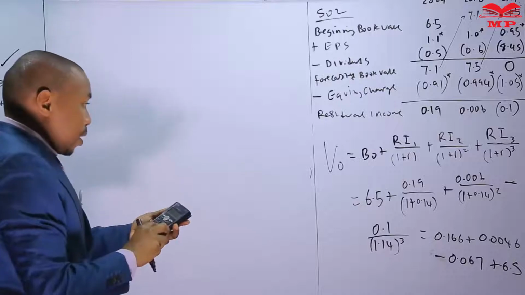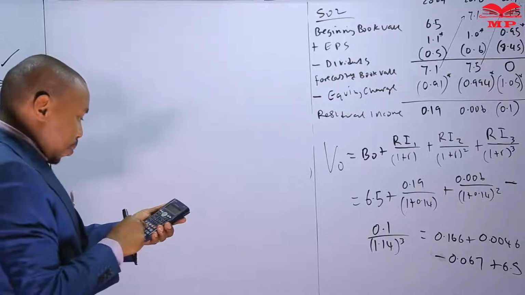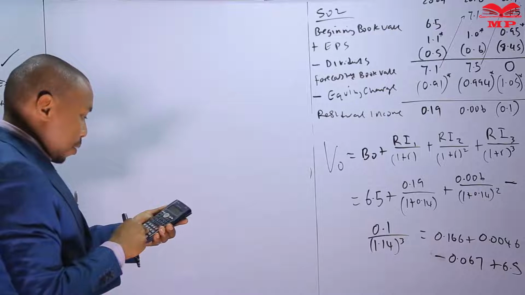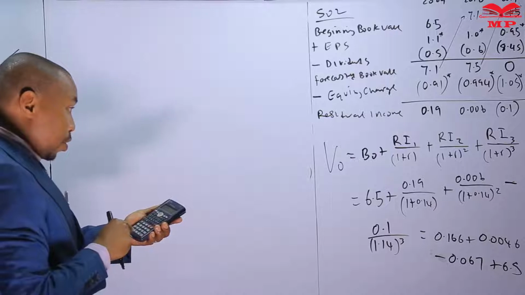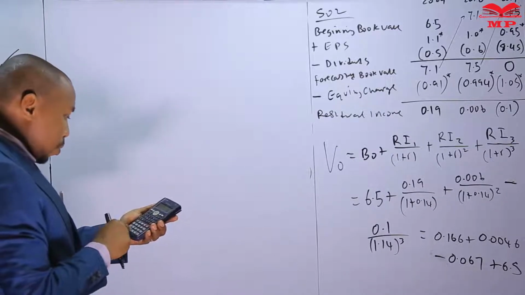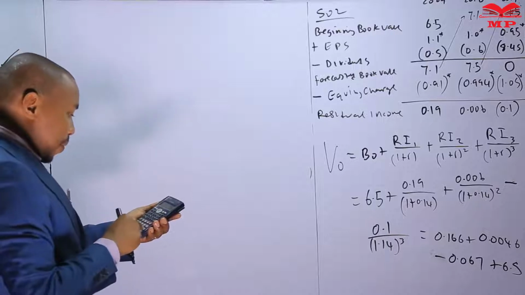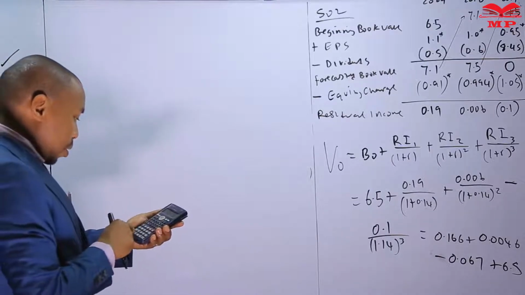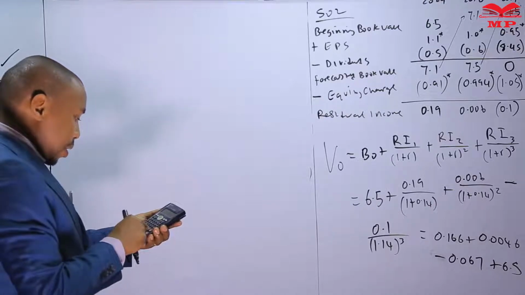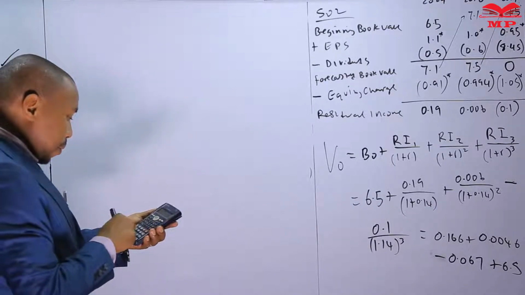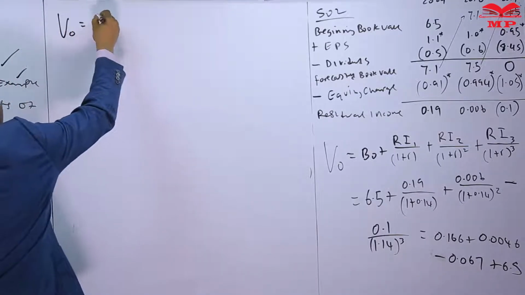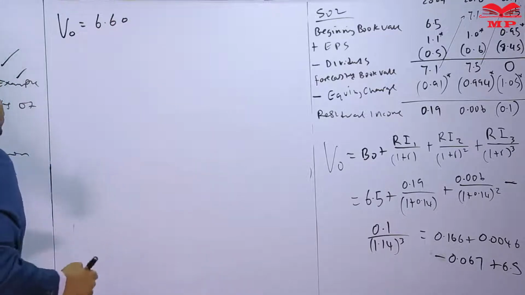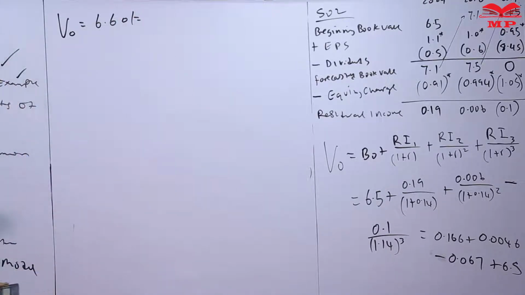So we come here, 0.067, we add 6.5, then it's 0.166, we add 0.0046 there, then we less 0.067, then we add 6.5. We have 6.60. V naught is given as 6.60 there, shillings. That is the value based on residual income and valuation.